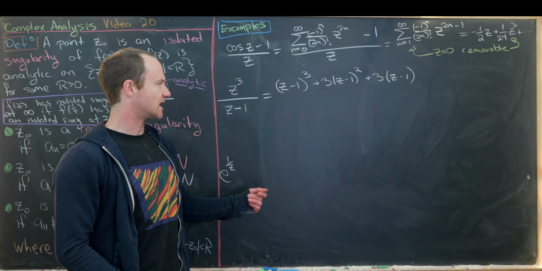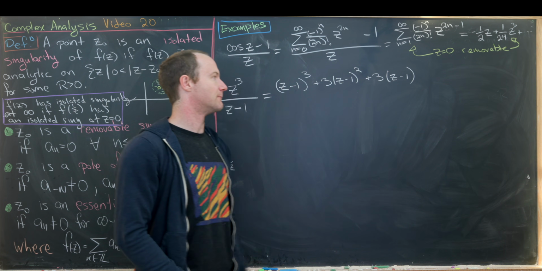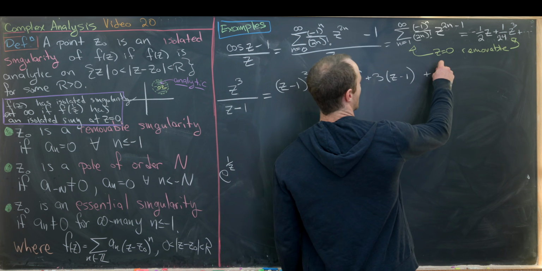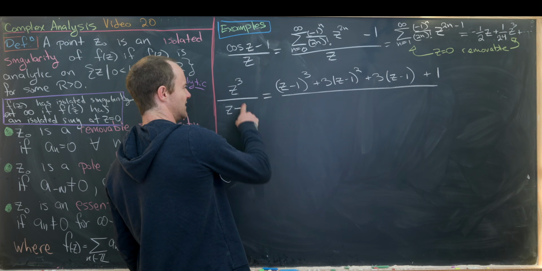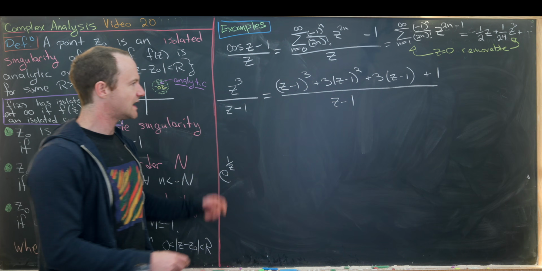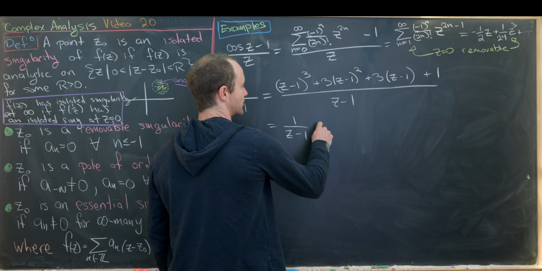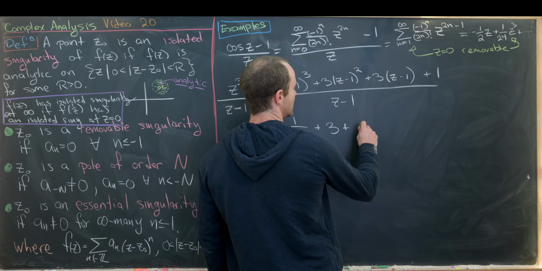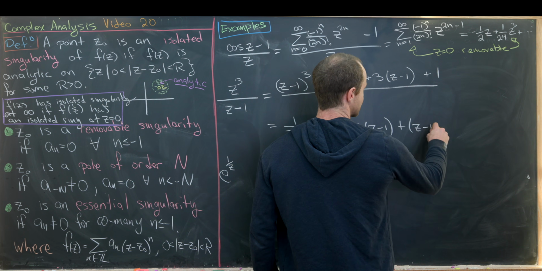But now let's check the constants. This gives us a negative 1. This one gives us a plus 3, this one gives us a minus 3. So the plus 3 and the minus 3 cancel, meaning that we just need a plus 1 here. So that's like the expansion of this numerator in terms of this denominator, if you will. Now we have this is all over z minus 1. But now we could rewrite that as 1 over z minus 1, that's this term right here, plus 3, that would be this term right here, and then plus 3 times z minus 1, and then plus z minus 1 squared.